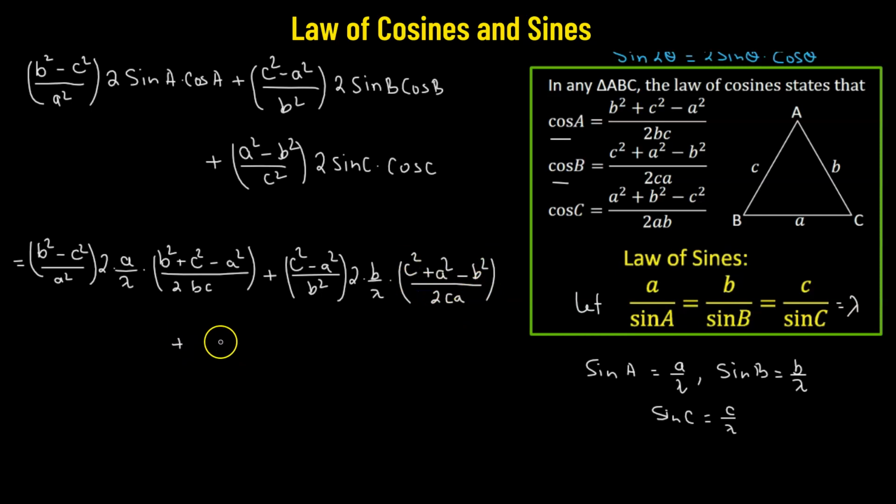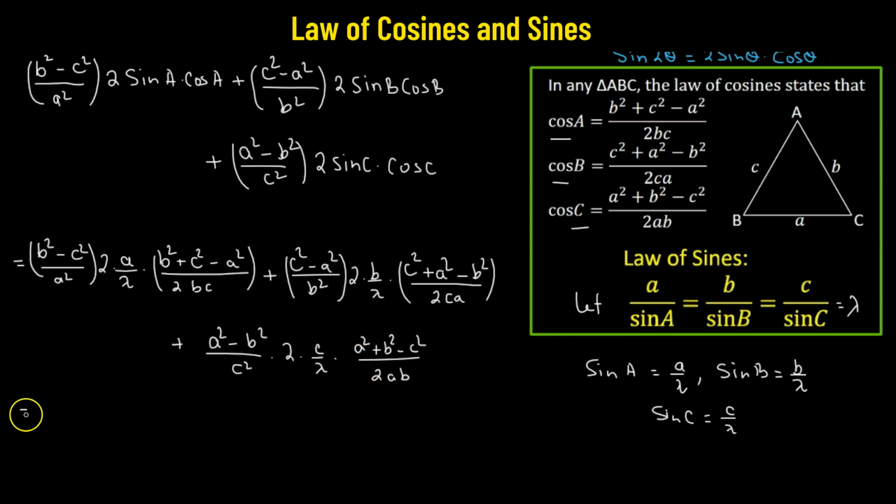Plus the third term, which is (a squared minus b squared) over c squared multiplied by 2 times sine C. So sine C will be c over lambda multiplied by cosine C, that's (a squared plus b squared minus c squared) divided by 2ab.